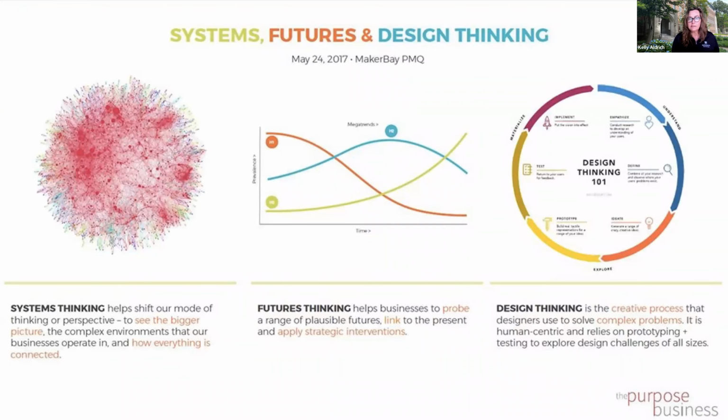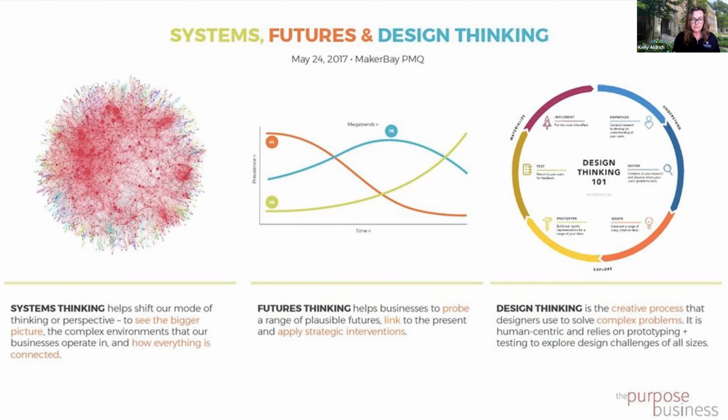And then I found this, which I thought was a really nice breakdown as we move forward in the lecture, of systems thinking, futures thinking, and design thinking. Oftentimes I find myself blending the three of these together, where what I'm actually looking at is a gap analysis. So what is the ideal state today?